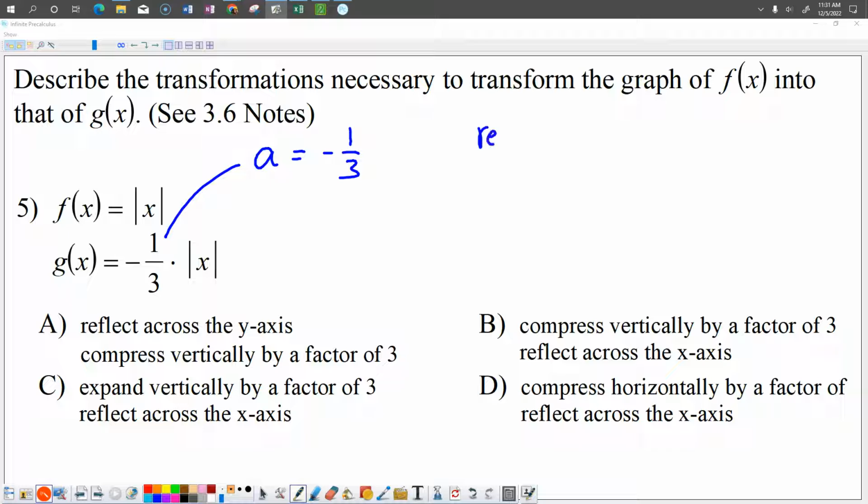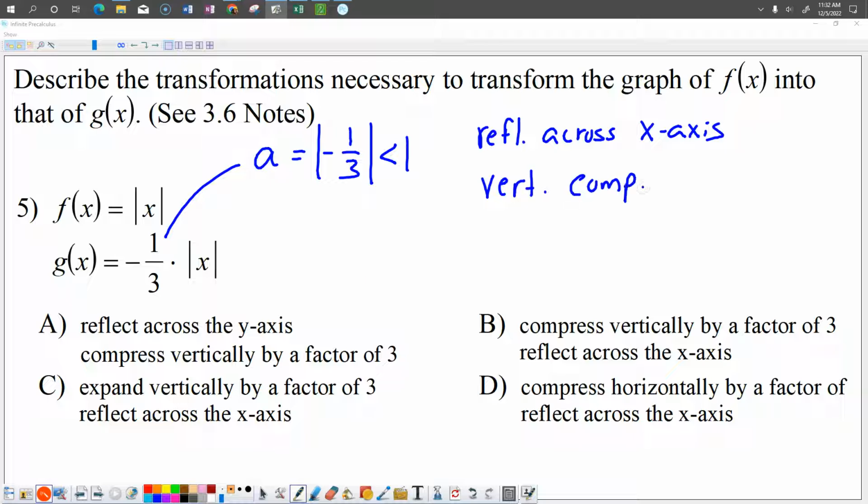That means that we do have a reflection across the x-axis since my A is negative. And if I take the absolute value of that, meaning ignore the negative, just make it 1/3, that's less than 1. And so that means we have a vertical compression. So we're looking for the option that talks about a reflection across the x-axis, and it is a vertical compression. Okay, and so that looks like it would be option B there.